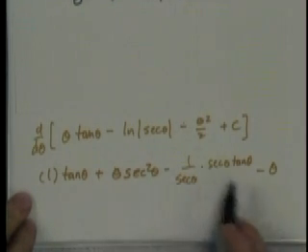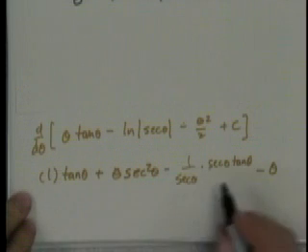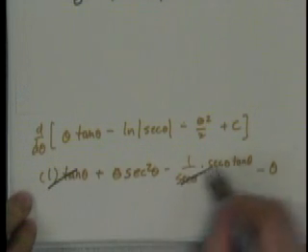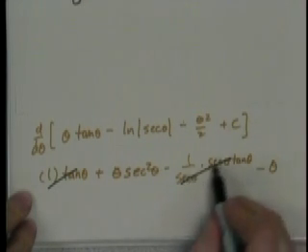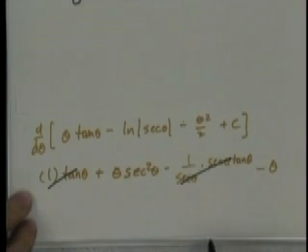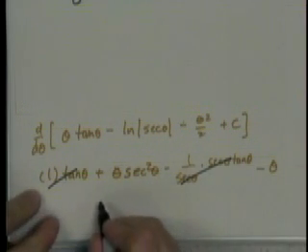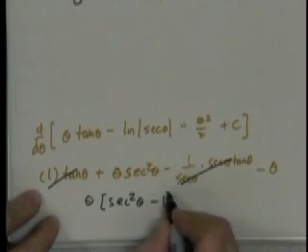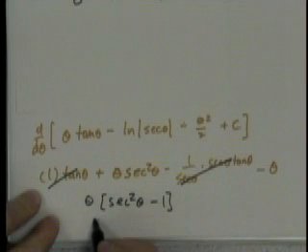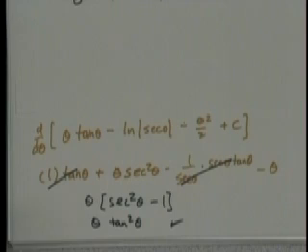So here I have tan theta minus tan theta, because the secants cancel each other and I get minus tan theta. So I have theta I can factor out times secant squared theta minus 1, which is theta times tan squared theta. And that checks.